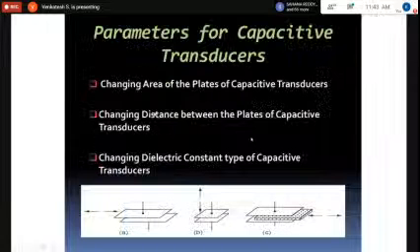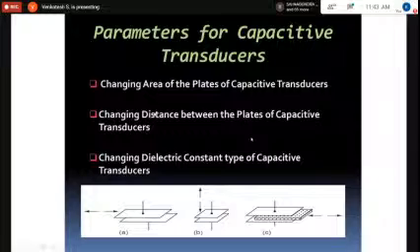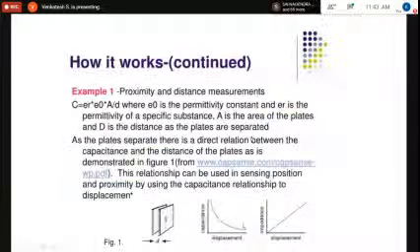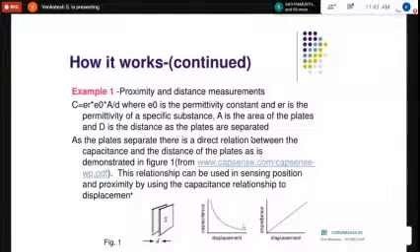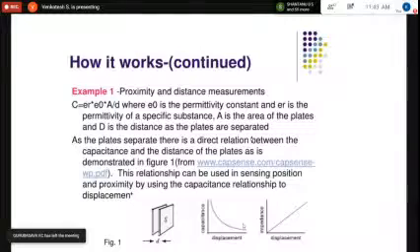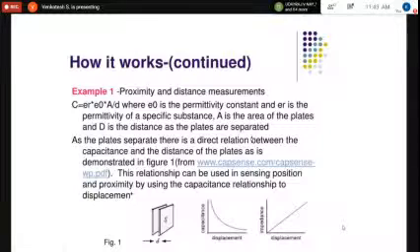Which transducer that you have studied has a similar characteristic, wherein the output versus input characteristic is non-linear and has a negative coefficient? Anyone, please? Thermistor. Very good. The thermistor is the other device having a similar characteristic.